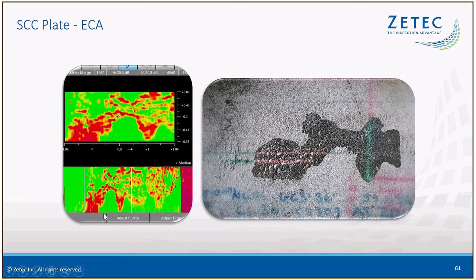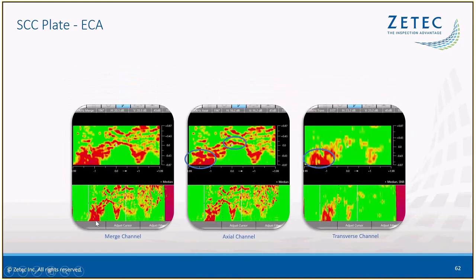It's only when you look at the differences between your axial and transverse channel where you can start to really discern what's going on in these different areas. So here you can identify there's axial cracking going on here. This is axial direction, and you're not seeing it in the transverse.